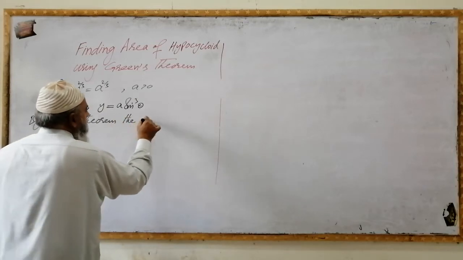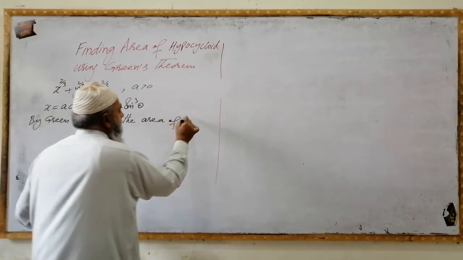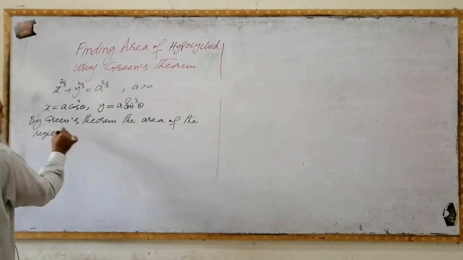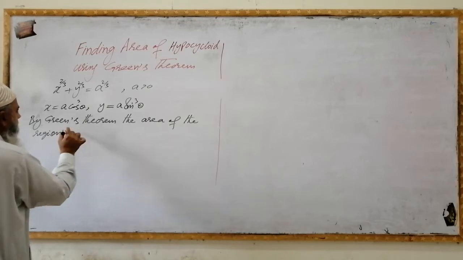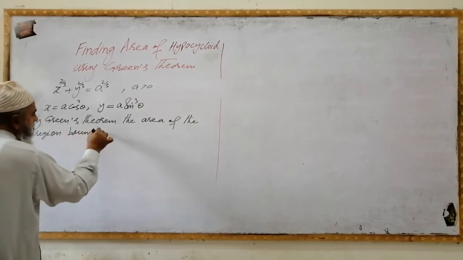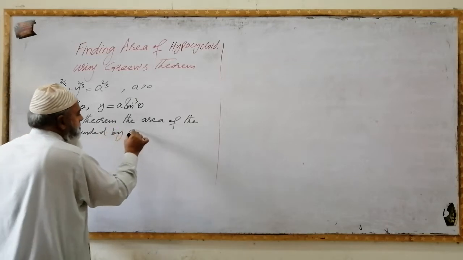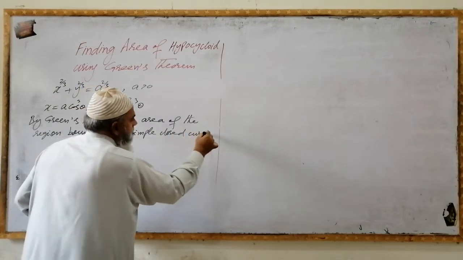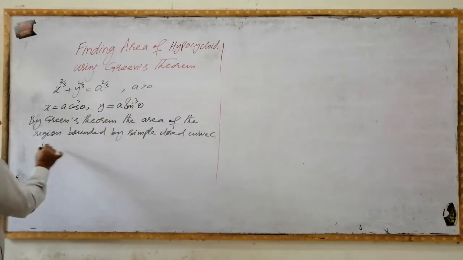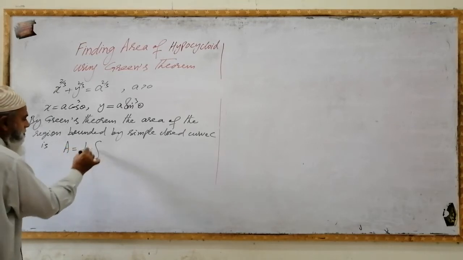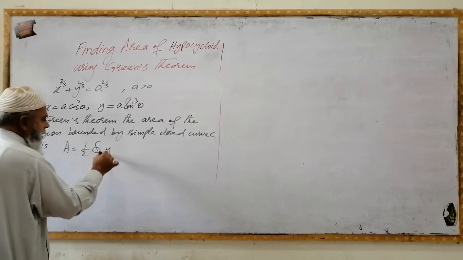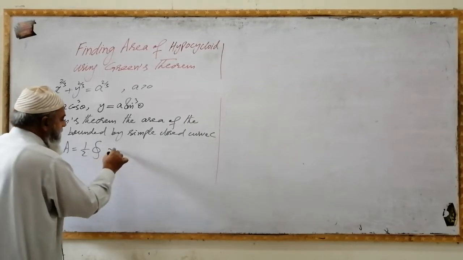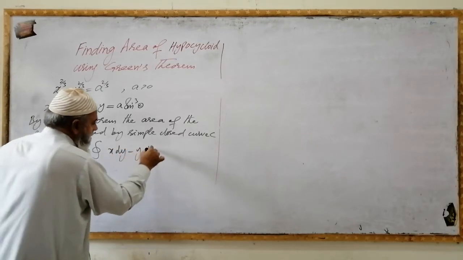By Green's theorem, the area of the region bounded by simple closed curve C is A is equal to 1 by 2 integral of x dy minus y dx.